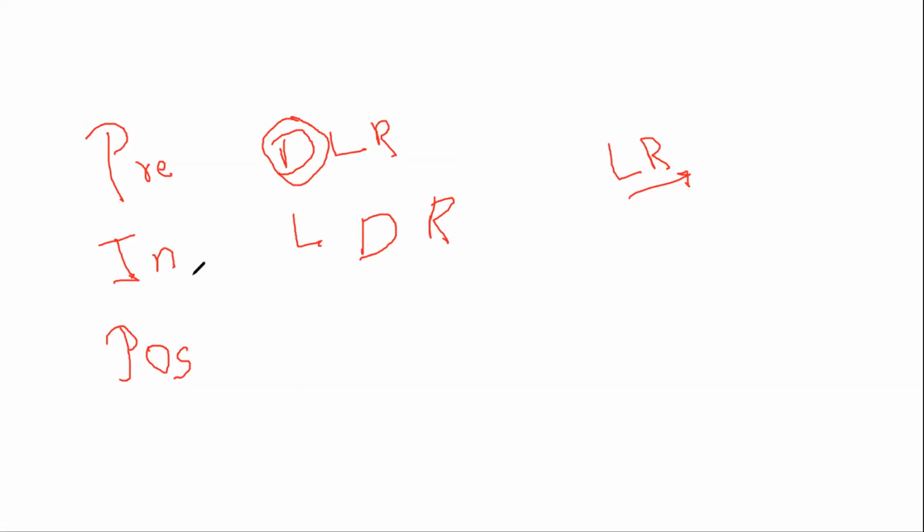Post means last, pre means first, in means between. Remember this: L R D. The L and R stay in the same order, L then R, but the D, the data part or the root node, interchanges places. In pre-order it will be in the first place, in in-order in the middle, and in post-order in the last place.